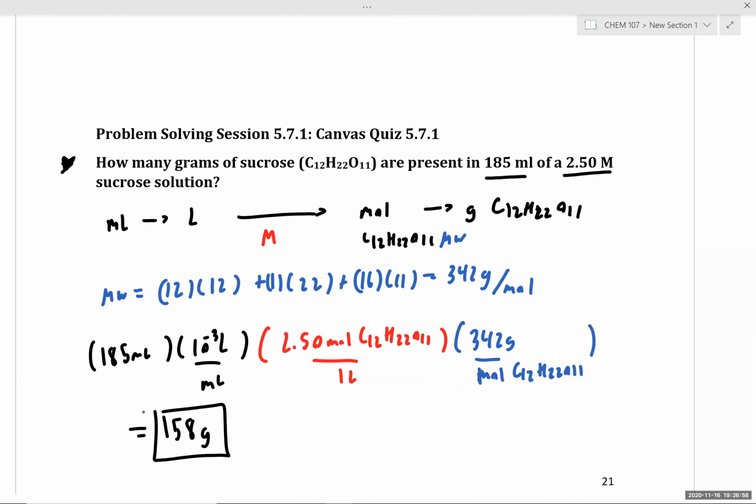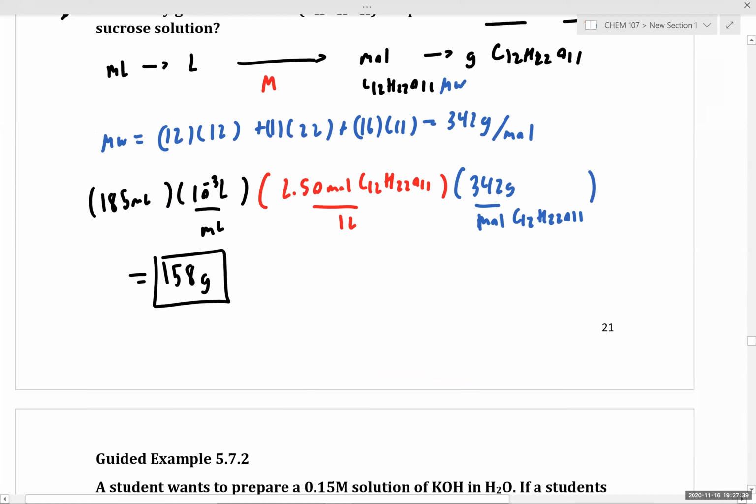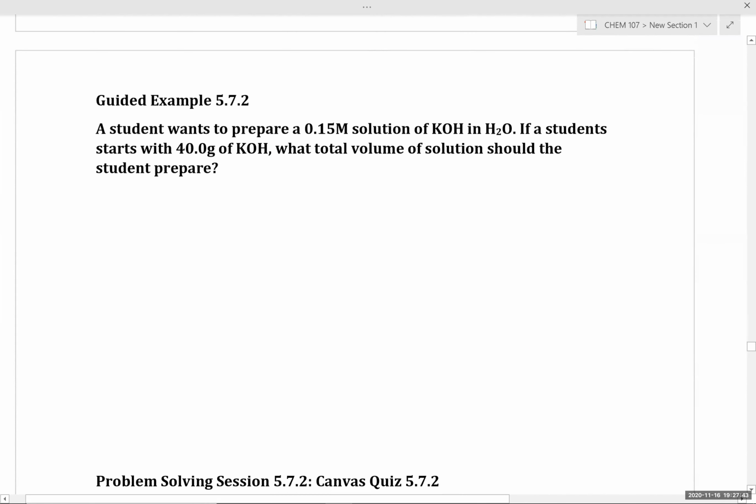Any questions on this example? If not, let's keep going on this and let's look at another variation.